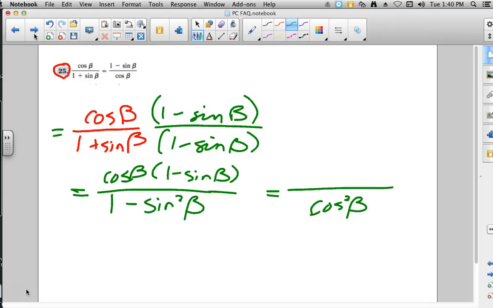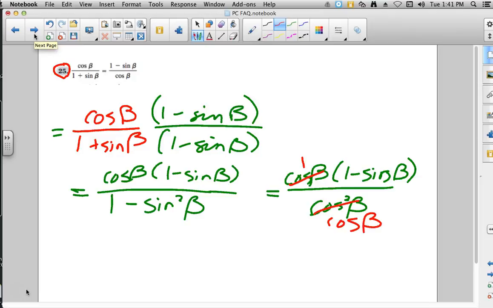Because again, that's using our cosine squared beta plus sine squared beta equals 1, our basic Pythagorean identity here. And we'll have the cosine of beta and 1 minus the sine of beta on the top. And the last thing I need to do is cancel out one of these cosines of beta. And what I have left is 1 minus the sine of beta over cosine of beta, which is exactly what I wanted.